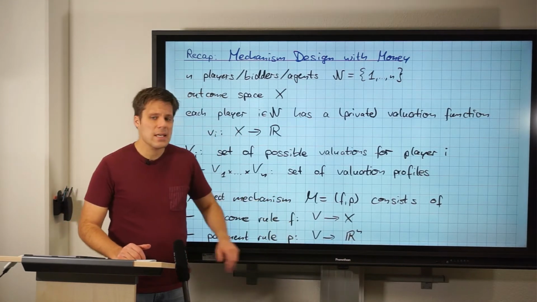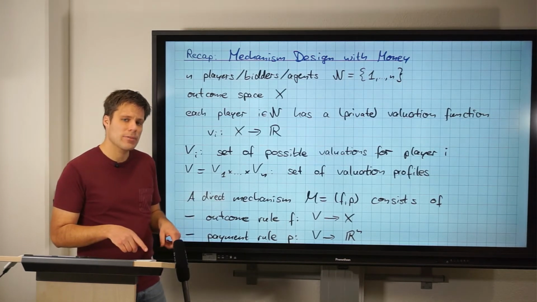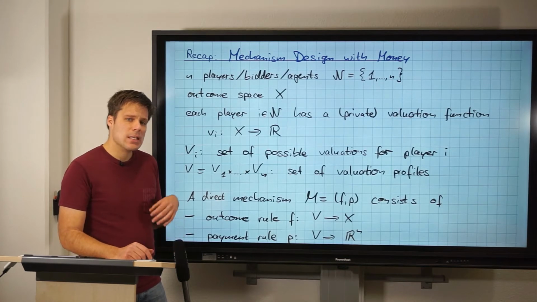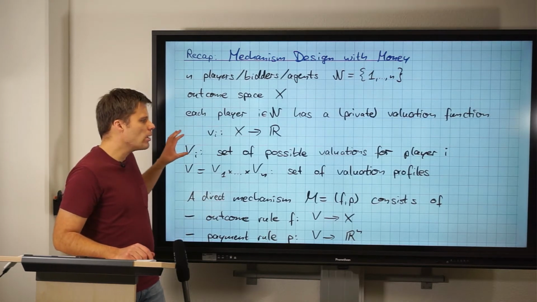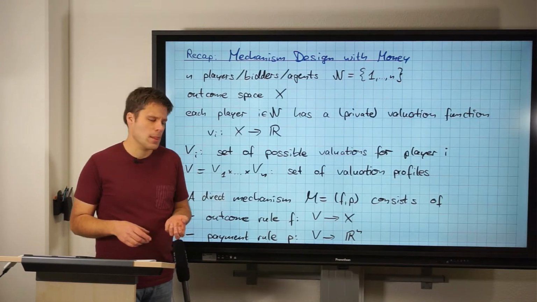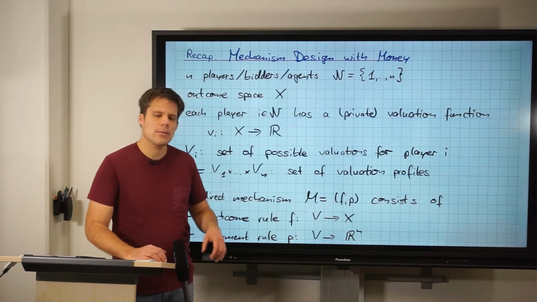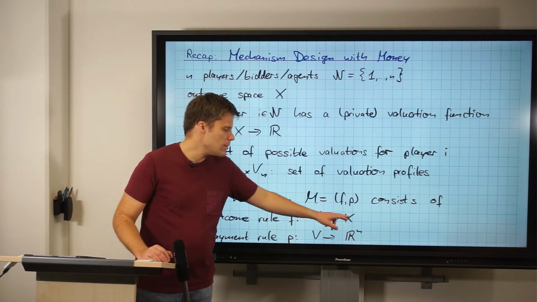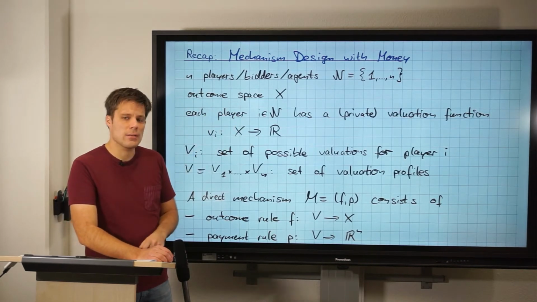Both of them take as the input a claimed valuation profile, because each of the players bids something, and in a direct mechanism, the bids are what they claim their valuation is like. And now the outcome rule takes all of these and maps it to one of the outcomes from the outcome space.